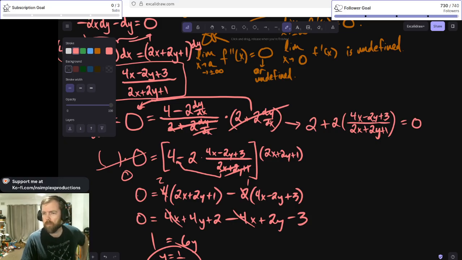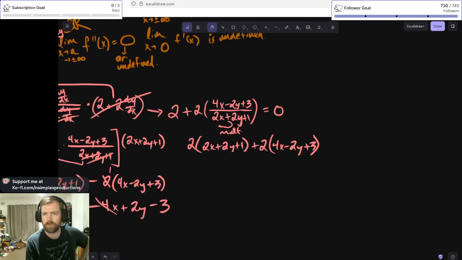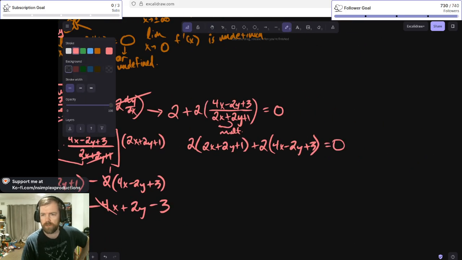All right, multiply out. So we get 2 times the quantity (2x plus 2y plus 1), plus 2 times the quantity (4x minus 2y plus 3), is equal to 0. We can get rid of our 2's, because again, that's just going to be 0.